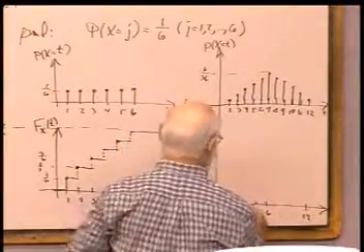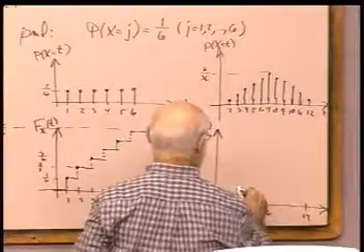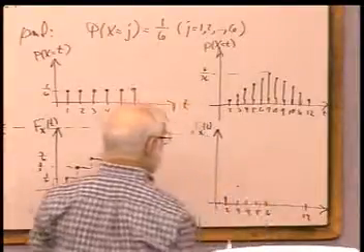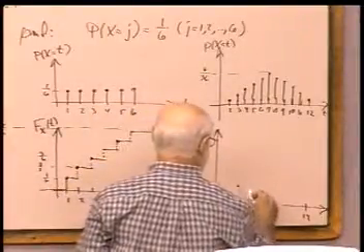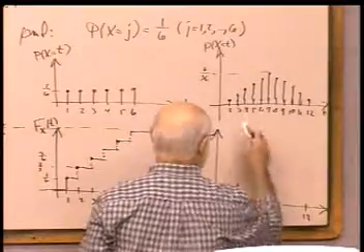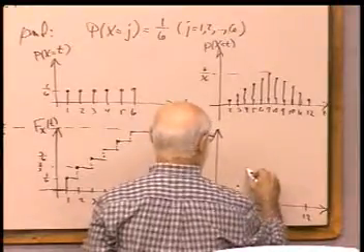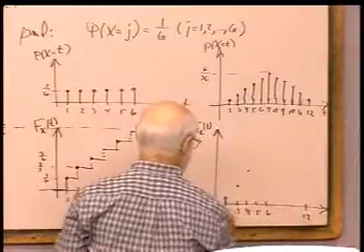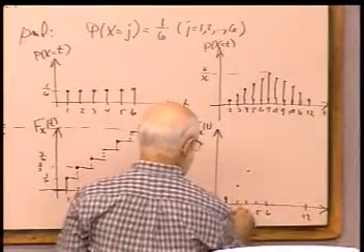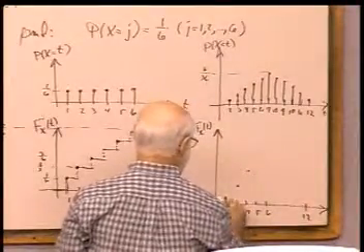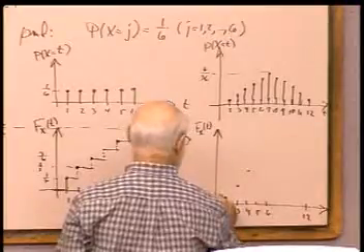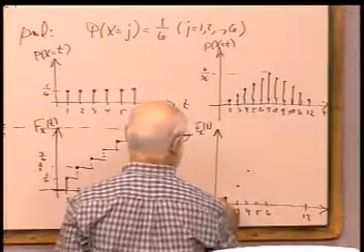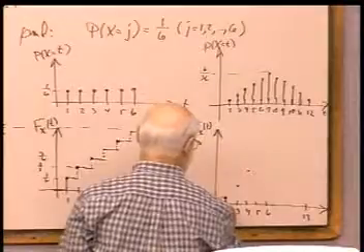And then the next jump is going to occur at 3, but now the value is not going to be 2/6, now it's going to be 1/6 plus 2/6. And then each one of these is going to add the new probability. So the graph is going to look like this. When it gets to 2, it jumps, and the amount of the jump is 1 over 36.